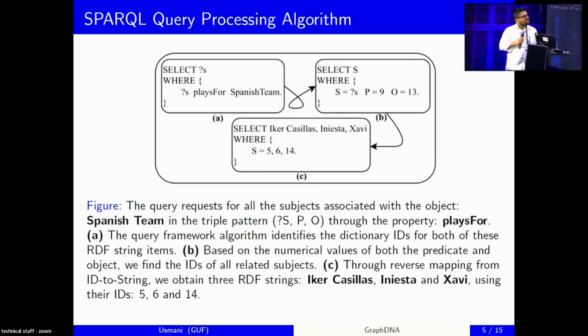So for "plays for" and "Spanish team", we found 3 players listed below. So we can retrieve all the subject IDs using this process. Similarly, we can find property or object strings as well.